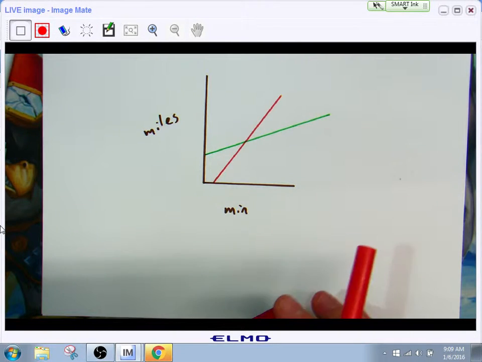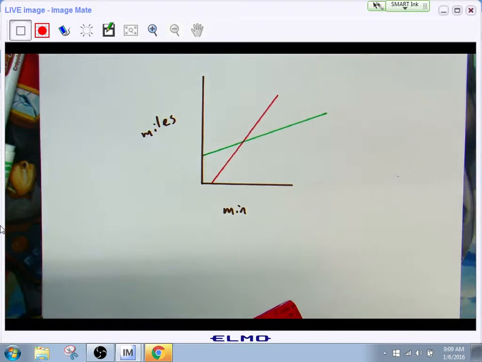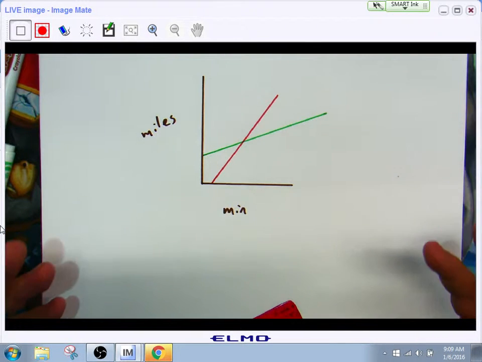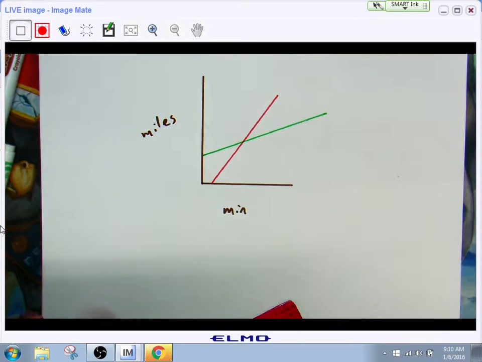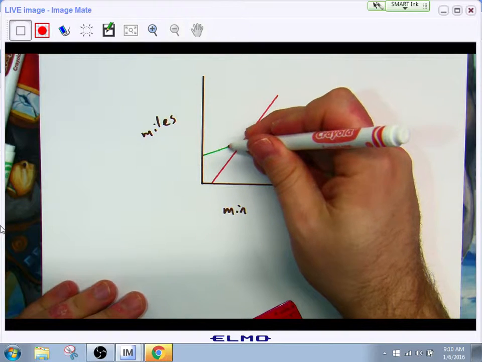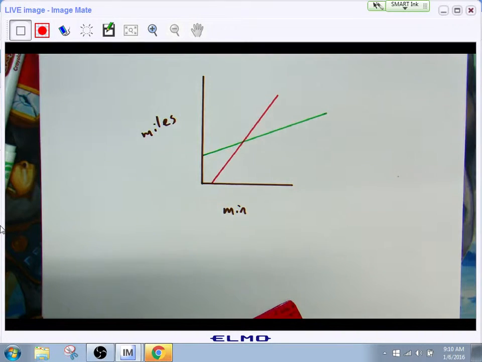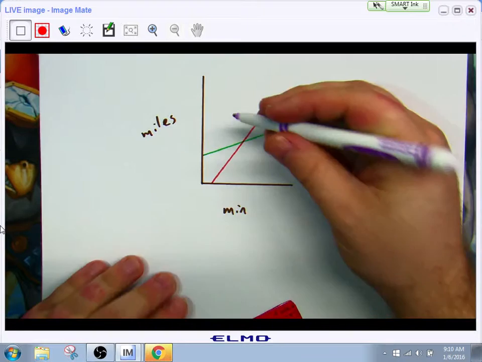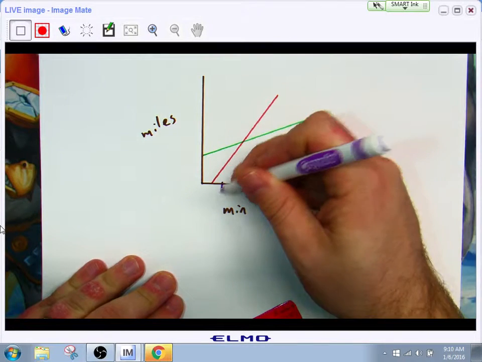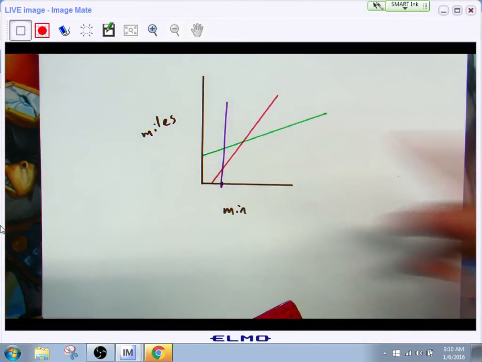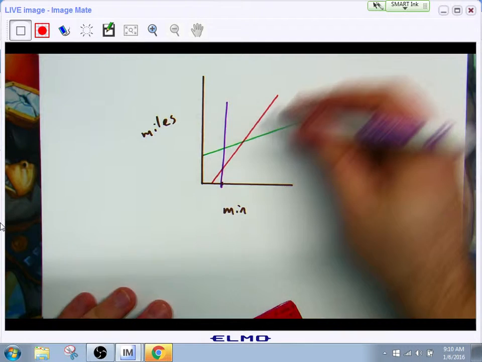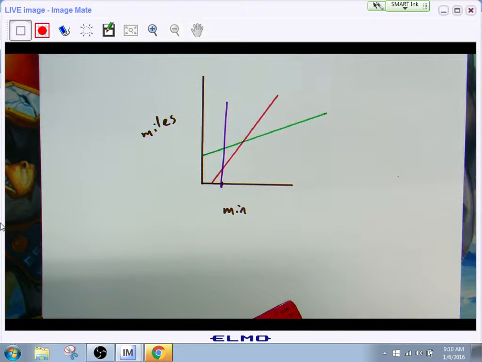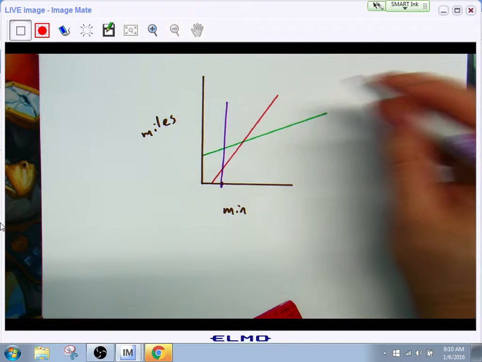Which vehicle or person or anything is going faster, the green or the red? The red. The red is going faster. Even if the green has traveled further at any given point, right? If I were to just stop at this point here, if I were to say maybe this was 1 minute, and I were to stop there, I'd say, oh, well, green's gone farther than red. Green's going faster, right? No. The red still has the higher slope. The red is the one that's going faster.